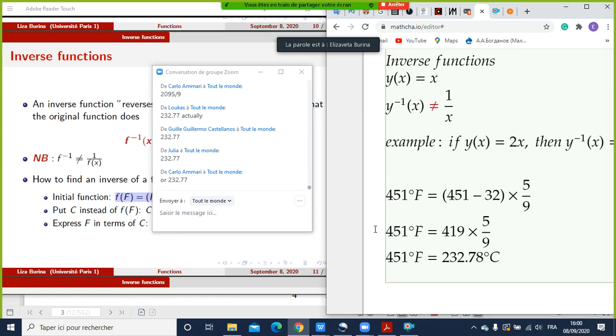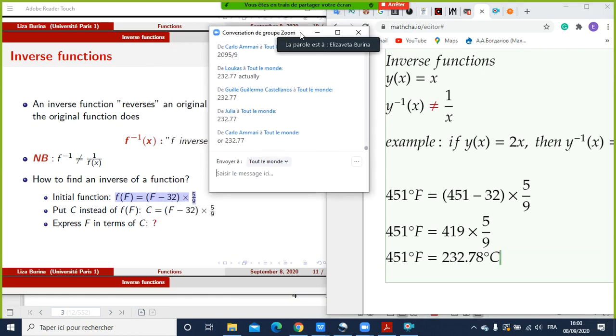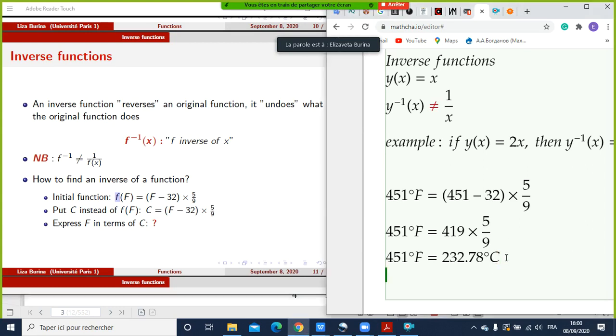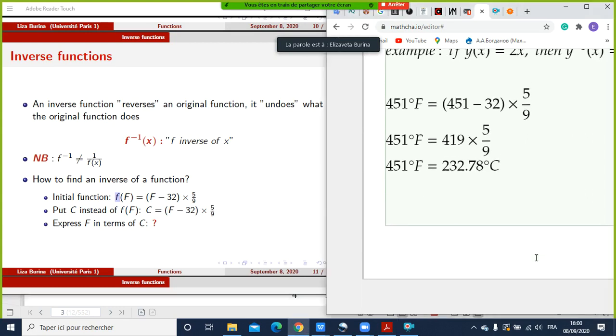So what we just did, we found an image of 451 by the function f. That's how we called it here on my slides. Cool. That was just to train the images. Now, how do we find an inverse of this function? An inverse of this function will allow us to express Fahrenheit in Celsius.